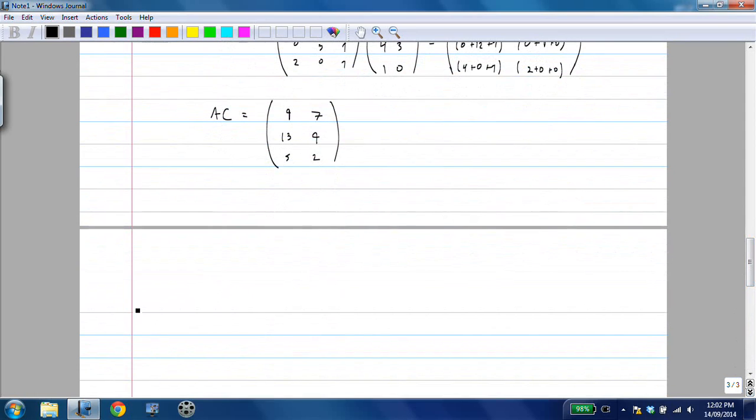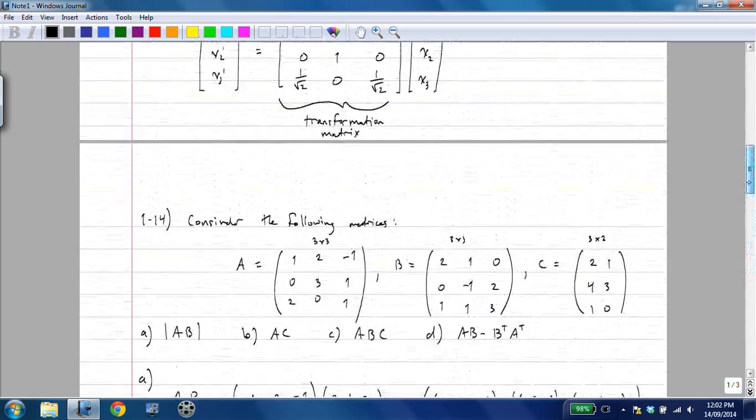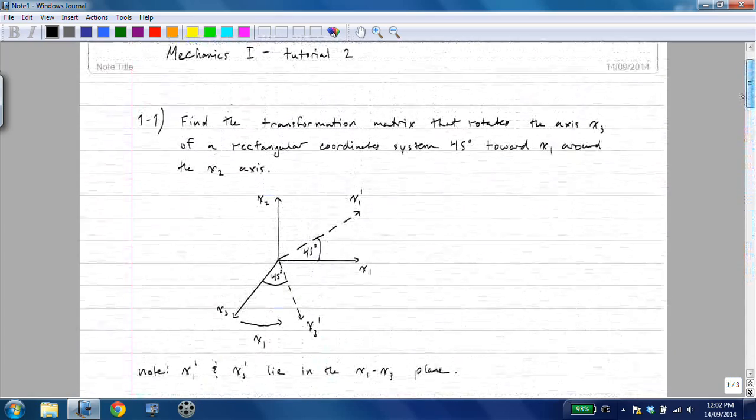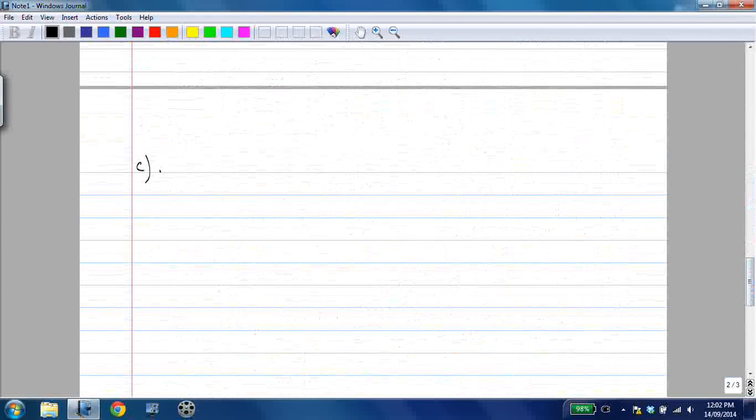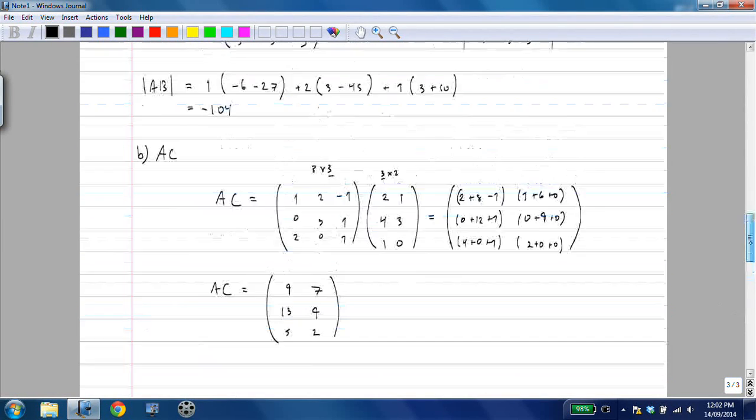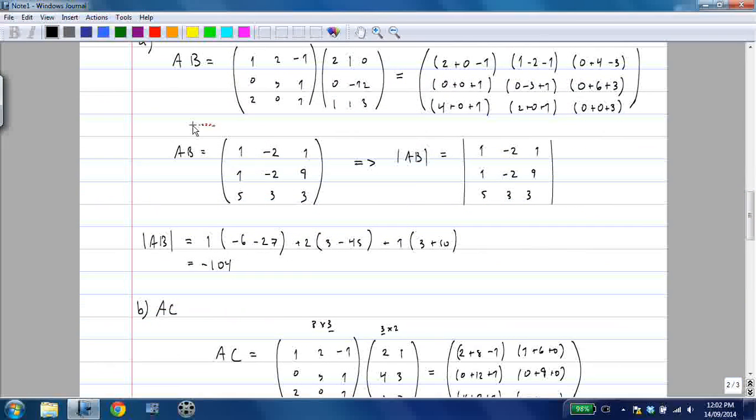So now we do part C, which is A times B times C. But since we've already found A times B, we can just take that matrix that I found up here. AB equals this.